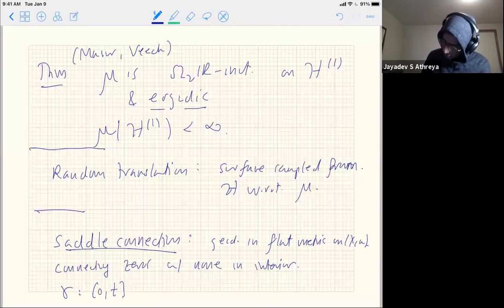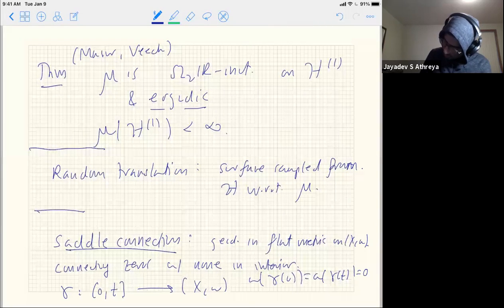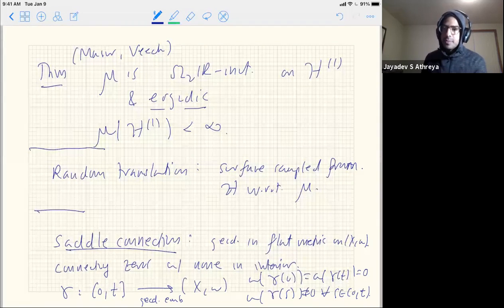I'm going to parameterize this by arc length to my surface X omega with omega of gamma of 0 equals omega of gamma of t equals 0. Omega of gamma of s is not equal to 0 for every s in the open interval, and I want this to be a geodesic embedding. It's automatically an embedding once you ask it to be a geodesic, because once you pick a direction, you're not allowed to change directions, and so you can't intersect yourself.